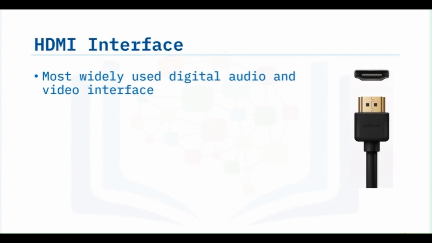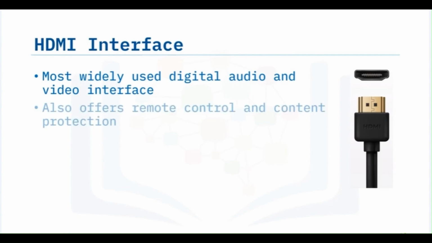High-Definition Multimedia Interface, or HDMI, is the latest and most widely used interface for digital audio and video for televisions, Blu-ray players, computers, and other consumer electronics. Beyond just data transfers, HDMI also provides remote control or CEC support and digital content protection or HDCP.